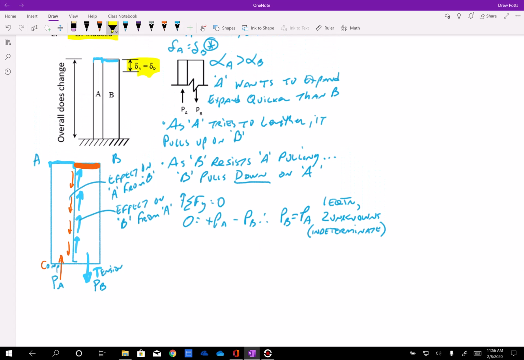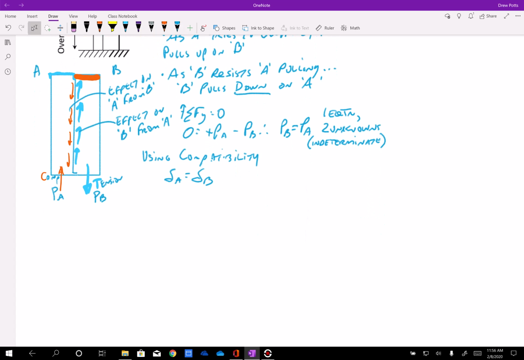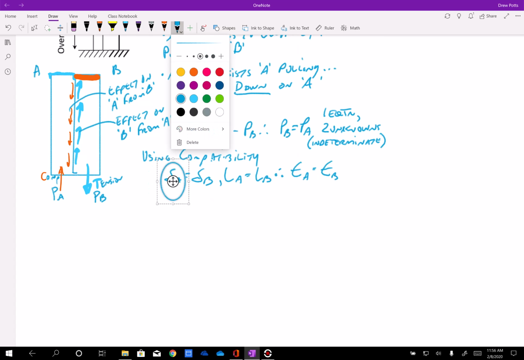A change in A has to equal change in B. So using compatibility, we know delta A has to equal delta B. We know LA equals LB, so therefore we could say strain in A equals the strain in B. But let's focus on the change in length.